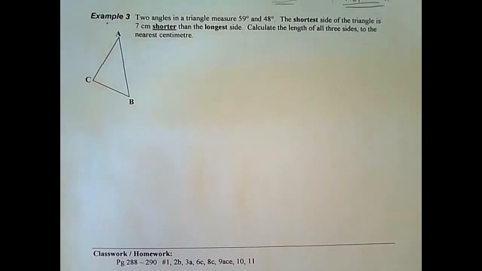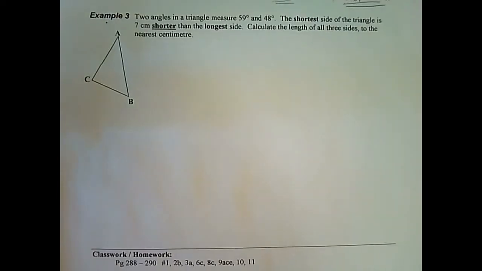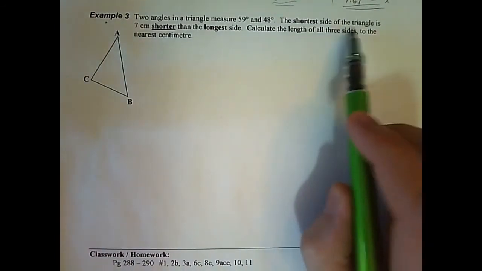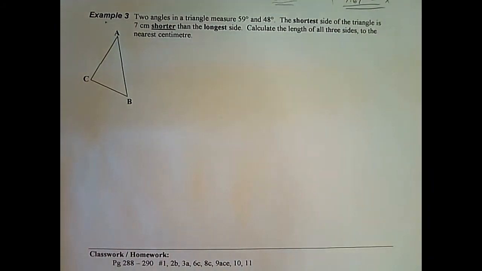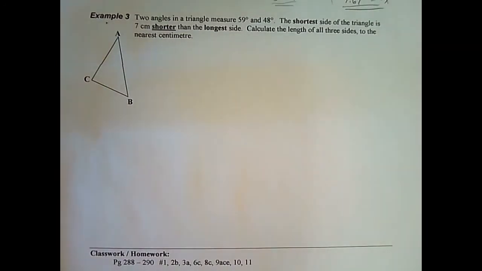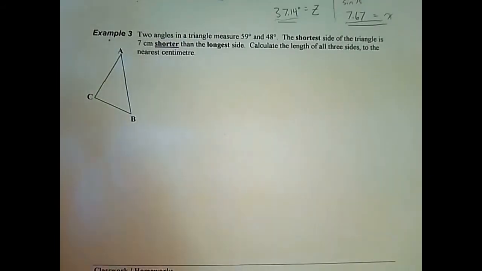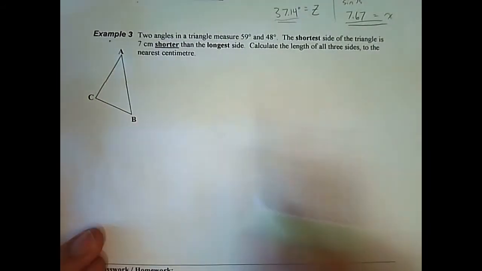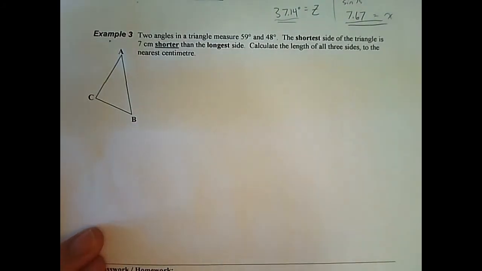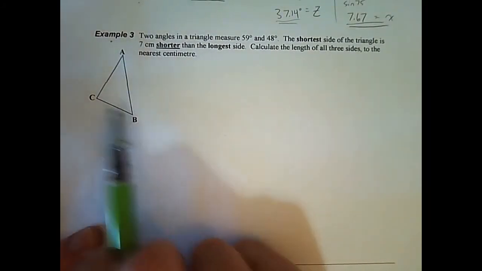They haven't told us which letters are what because, well, pretend this diagram's on here, we'd have to do it ourselves. The shortest side of the triangle is 7 centimeters shorter than the longest side. Calculate the length of all three sides to the nearest centimeter. So I put this triangle diagram here for us, and I just labeled it A, B, and C. They actually didn't specify what the labels were, so let's just use letters we're familiar with, A, B, C.